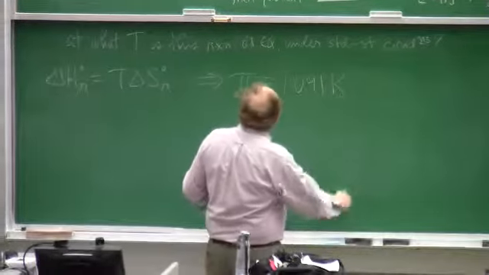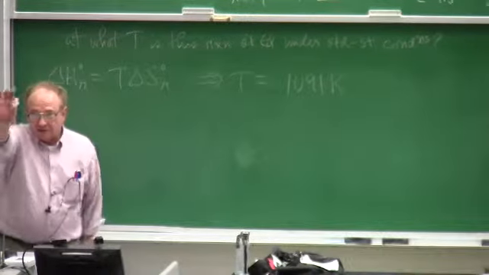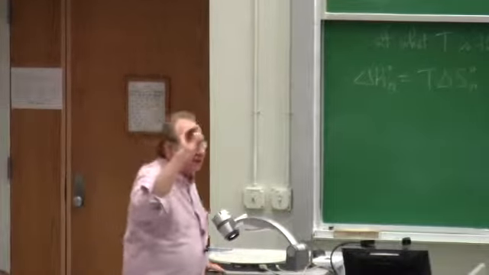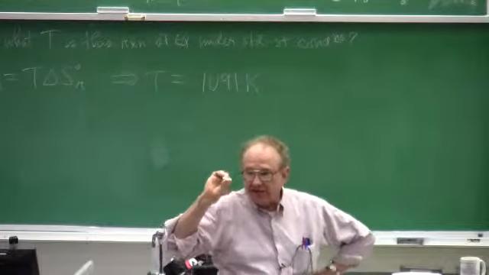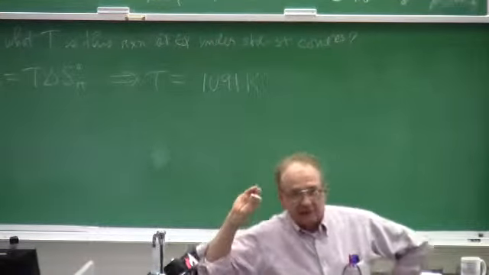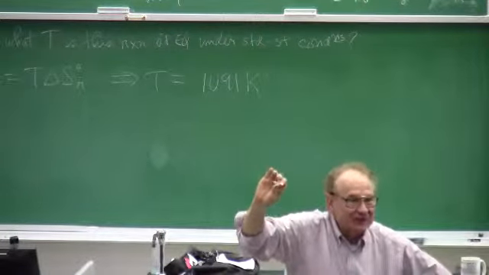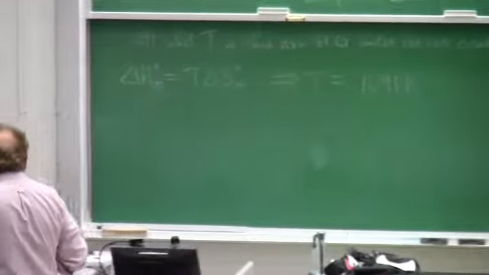So, if we want this reaction to be spontaneous, the decomposition of calcium carbonate into calcium oxide and CO2 gas, if we want this reaction to be spontaneous under standard state conditions, we take this stuff and heat it to what temperature? 1091 K. Over 1091 K. Because if we're at 1091 K, it would be equilibrium. We want it to decompose spontaneously under standard state conditions. So, we'll write that down.